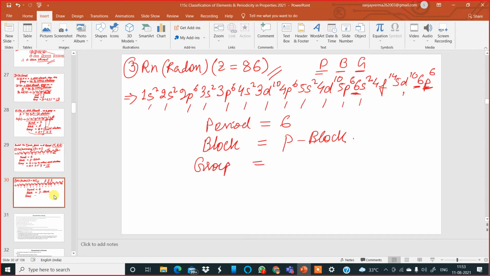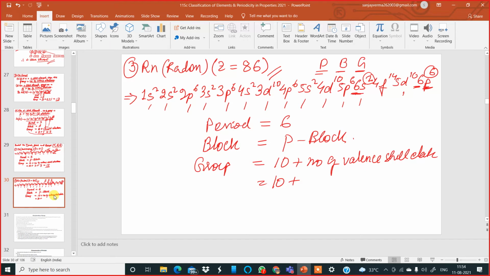Now for a P block element, what is the formula I gave you? For a P block element, 10 plus the number of valence electrons. Now 10 plus the number of valence electrons, is it 2 plus 6?